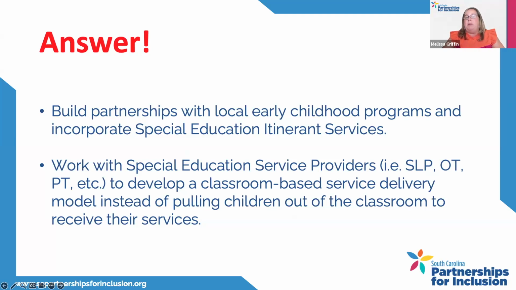The other, probably more simple, response would be to work with special education service providers such as SLPs, OTs, PTs, and develop a classroom-based service delivery model. Instead of pulling children out of the classroom or taking them down the hall, actually pushing into that classroom that they're already in to provide services is the best way to meet those.